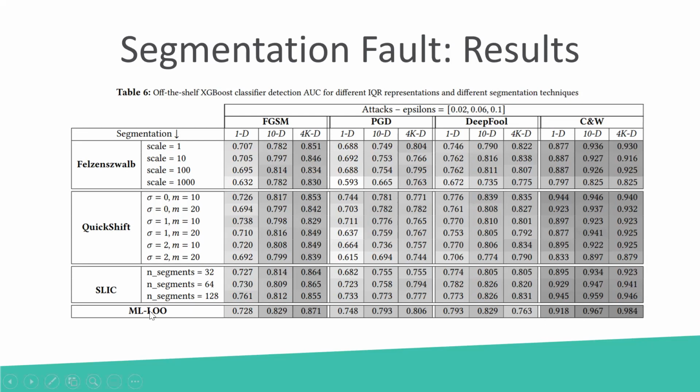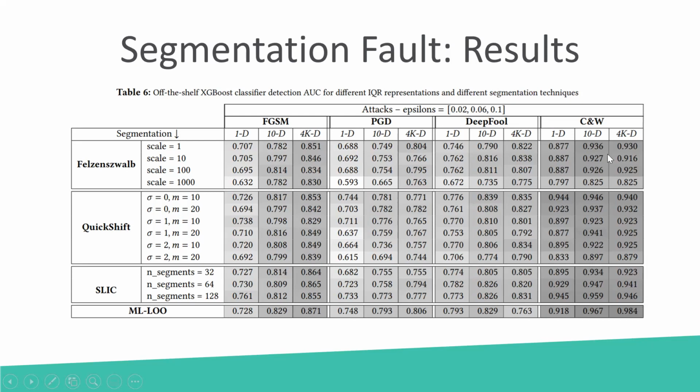For example, if we look at the multi-layered approach with the FGSM, we have 87.1%. If we look at the SLIC in our segmentation approach, in the 4KD sub-approach, with n segments set to 32, the highest accuracy is 86%, very similar to 87, and the lowest 85.